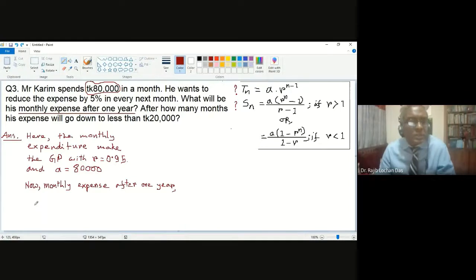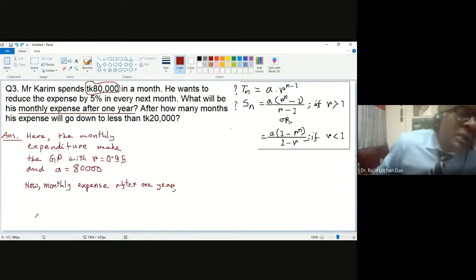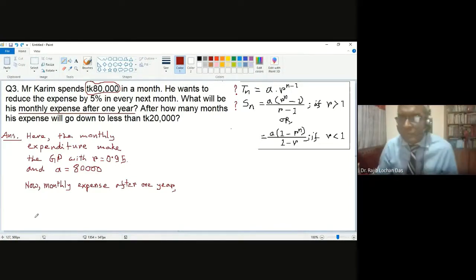Oh, no, sorry. This is not S formula. Why S formula? It is monthly expense for 1 month only. So what are the numbers? First number is 80,000. What is the second number? 76,000. What is the third number? 72,200.